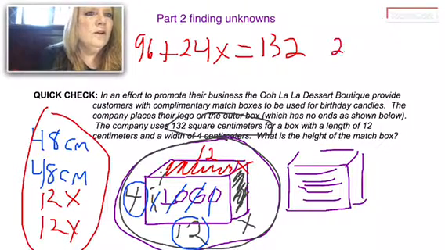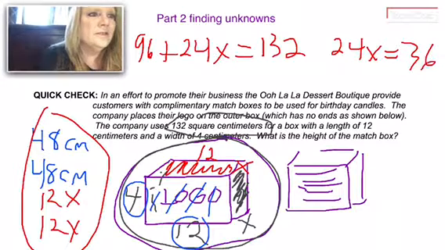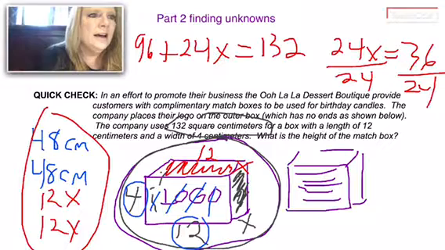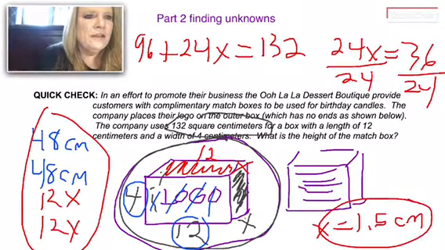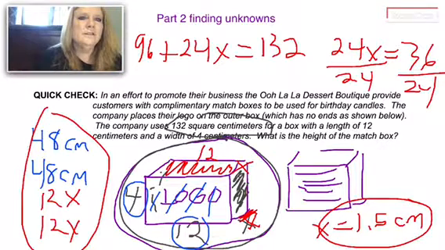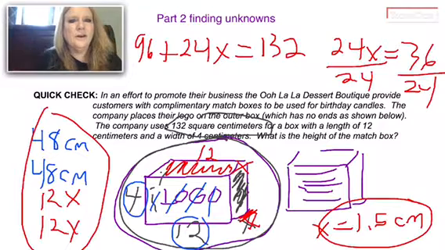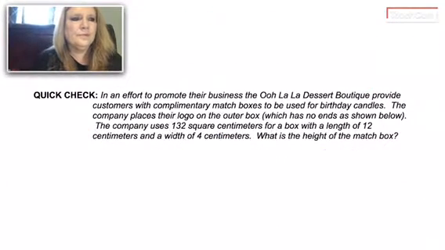So I get 24x equals 36. And if I divide both sides by 24, I get x is equal to 1.5 centimeters. And that would be this x right here, or the height of that box. Okay, hopefully that made sense. It's a little bit different than some. All right, let's look at the next problem.